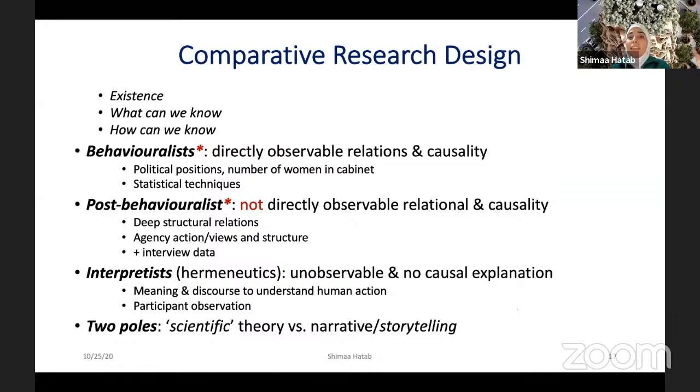And then the narrative and storytelling of the interpretists or hermeneutics believe in the meaning and beliefs of actors, not in order to come up with a generalization or causal explanation about social, economic, and political phenomena, but just to produce a narrative and understand the stories of particular social and political actors.